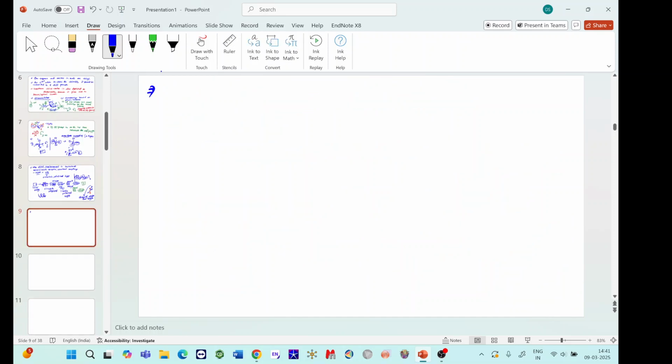So from there, calculation is possible. There is a term called specific rotation.